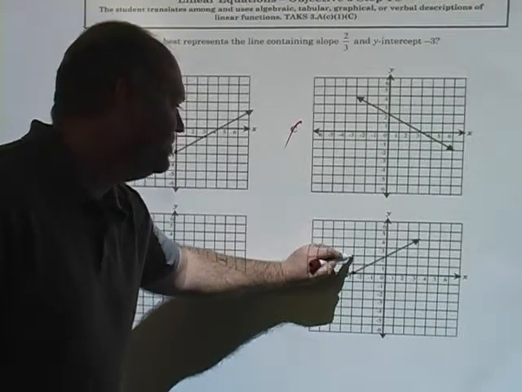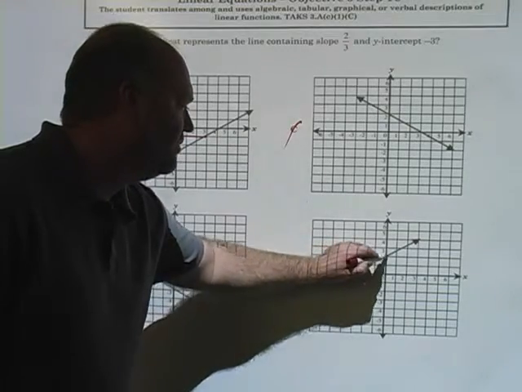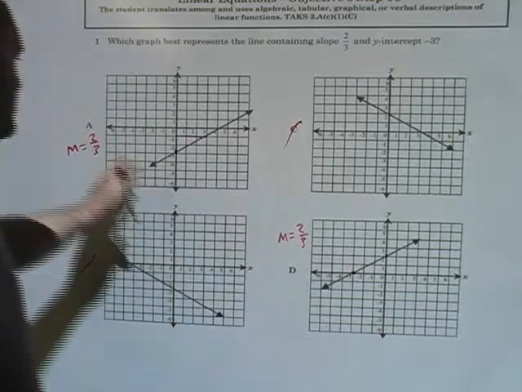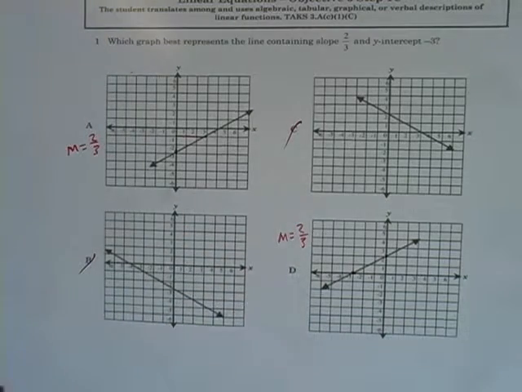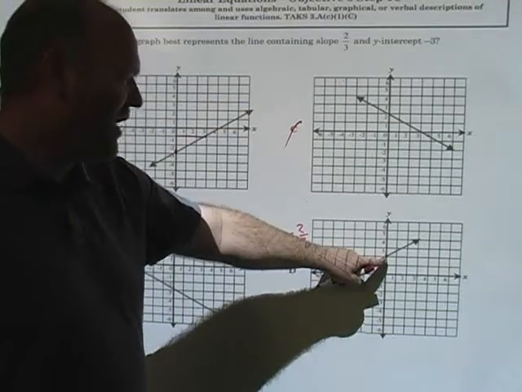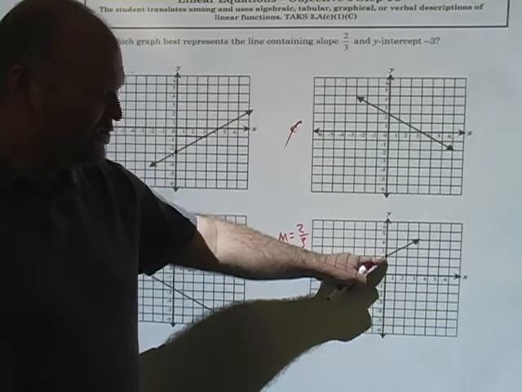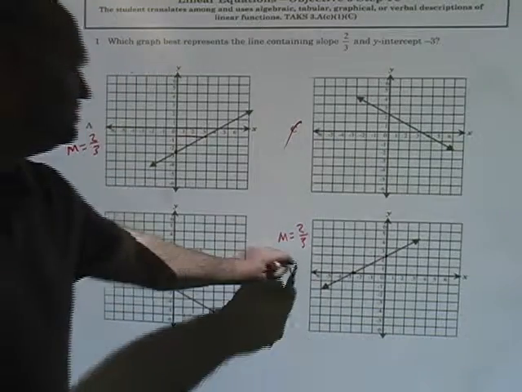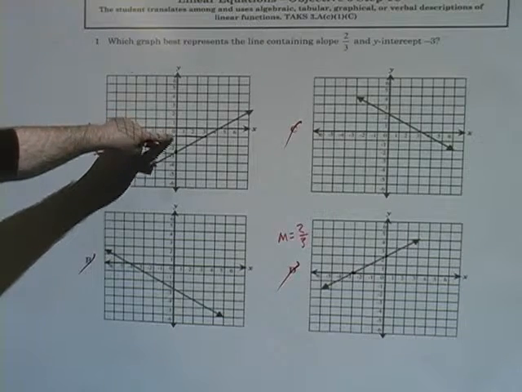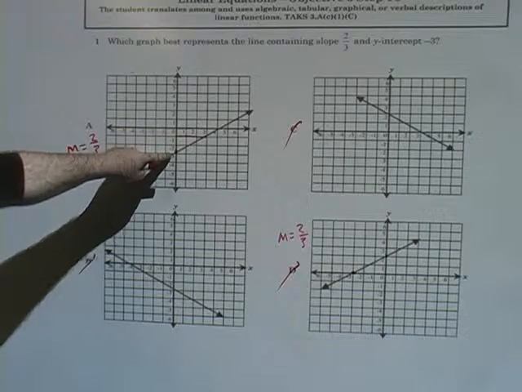Goes up 2 over 3. So both of those have a slope of 2/3. What about the y-intercept? Well, this one has a y-intercept of positive 2, so that's not right. This one has a y-intercept of -3.